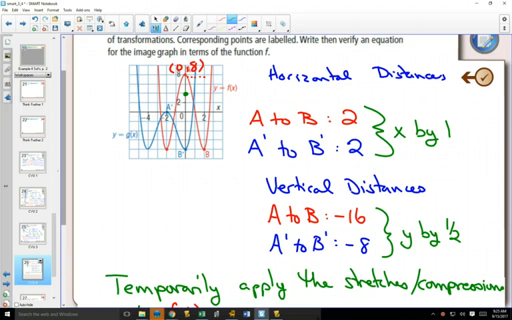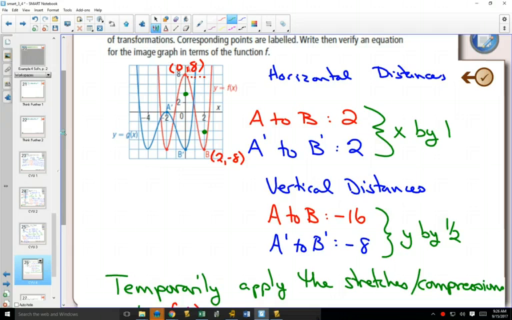And this point down here, which is B, which is currently at (2, negative 8), if you multiplied the y values by a half, you would get to (2, negative 4). We do that temporary application to those points because if we look at those new green points, you'll be able to figure out how would I have to translate those green points to end up at A prime and B prime. And it should be the same for each point.